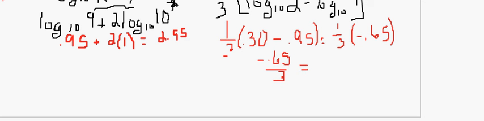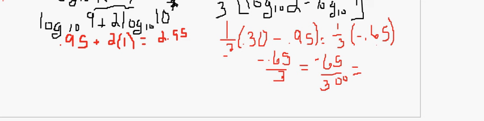There's a couple of ways you can go ahead and get rid of the decimals. You can simply multiply the top and bottom by 100. So you get negative 65 over 300. And then go ahead and reduce that fraction.